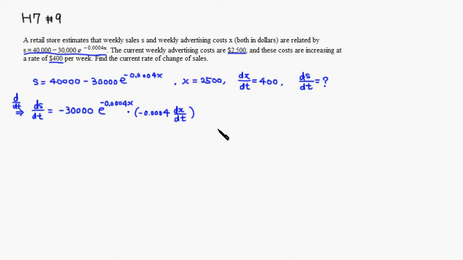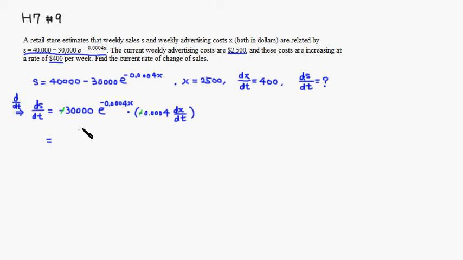Now we're looking for this value, so we plug in all the given values. Actually, let's simplify a bit first. At least we can get rid of the negative sign, since there is a negative sign here and a negative sign here.